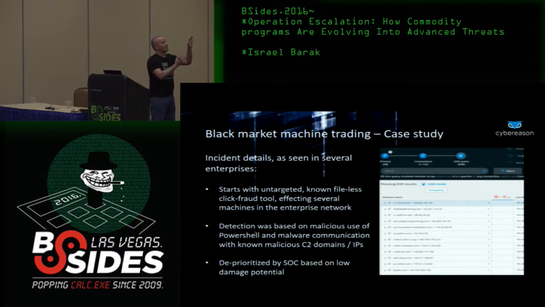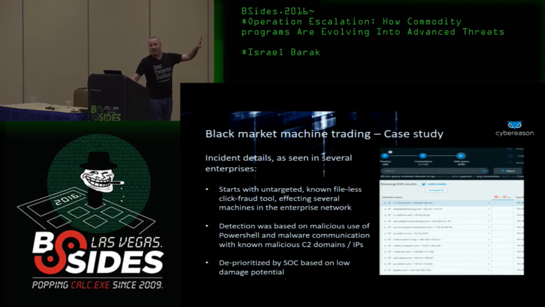Typically in an incident like this, and we've seen multiple cases of the same process driven by the same actor, we start with an untargeted, in this case an unknown fileless click fraud tool that affects several machines in the enterprise network. Typically the detection here was based on malicious use of PowerShell and malware communicating with known malicious C2 domains or IPs.